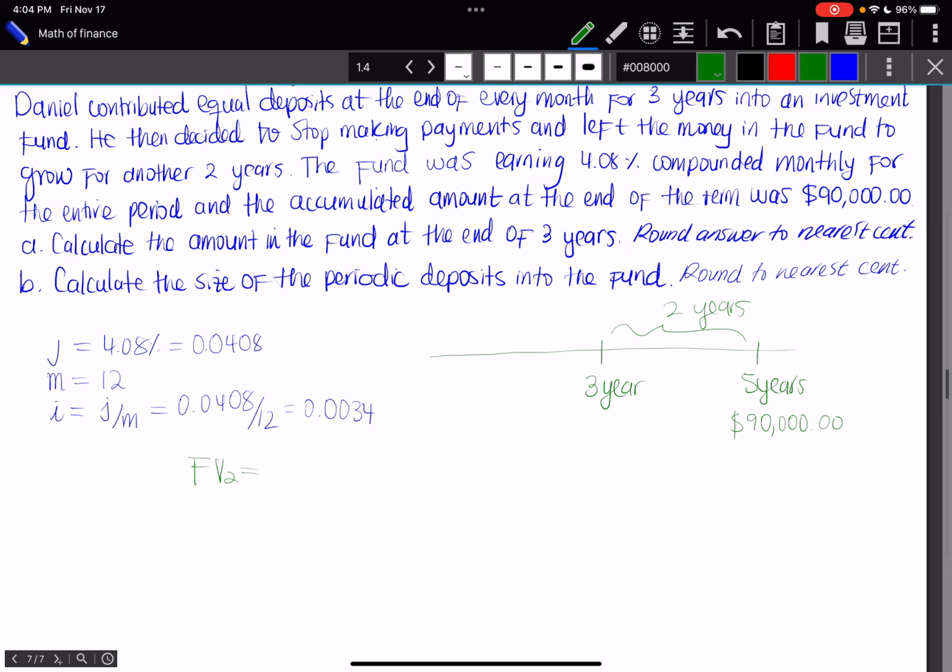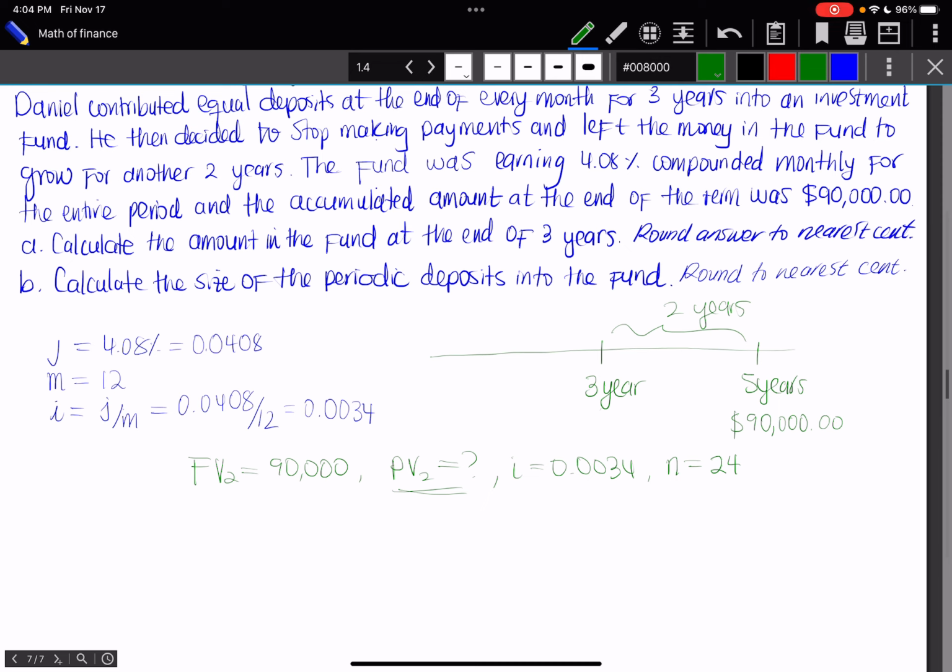Call it future value 2, $90,000, of an investment where we don't know the principal value, the value we start with here at the 3-year mark. That's the value we're going to find. That comes from taking i equal to 0.0034, the periodic interest rate, and in 2 years, because interest is compounded monthly, interest is compounded a total of 24 times.